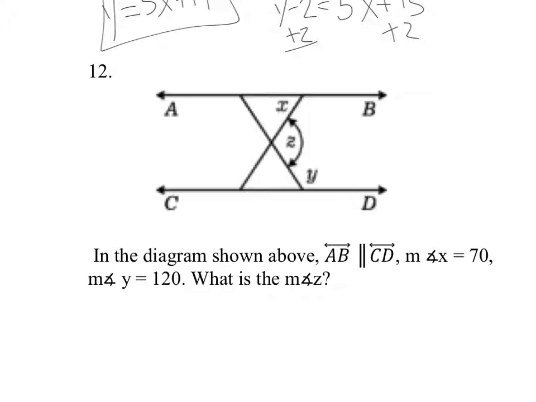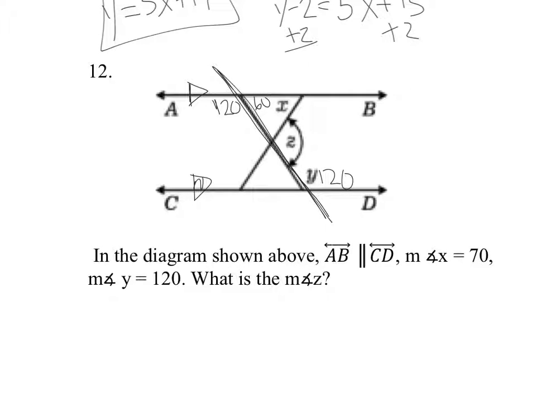In the diagram shown above, AB and CD are parallel, and the measure of angle x is 70, and the measure of y is 120. So with the parallel lines here, there's a couple things we want to utilize. With these being basically a transversal, and y being 120, you're also going to get a 120 over here, and by default, you're going to get a 60 right here.